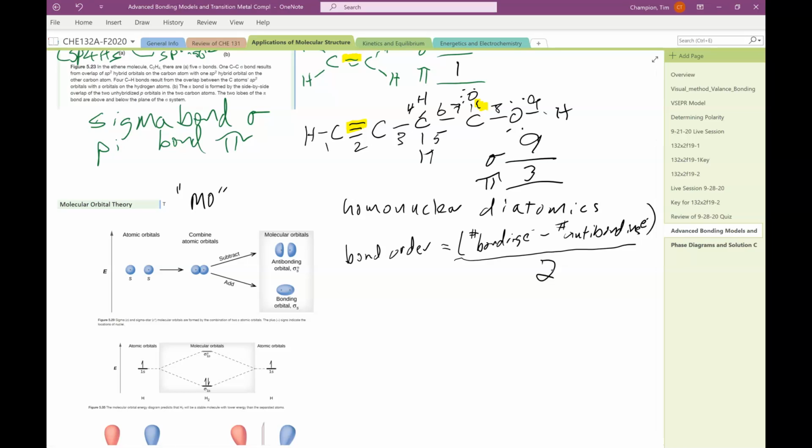And so one thing we'd expect to see is that we probably get a consistent bond order between most of our structures with what we would get from valence bond theory.